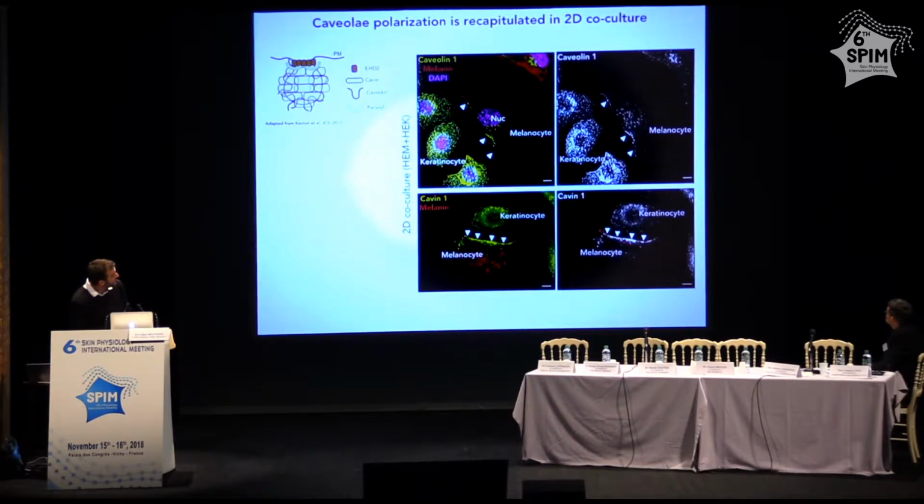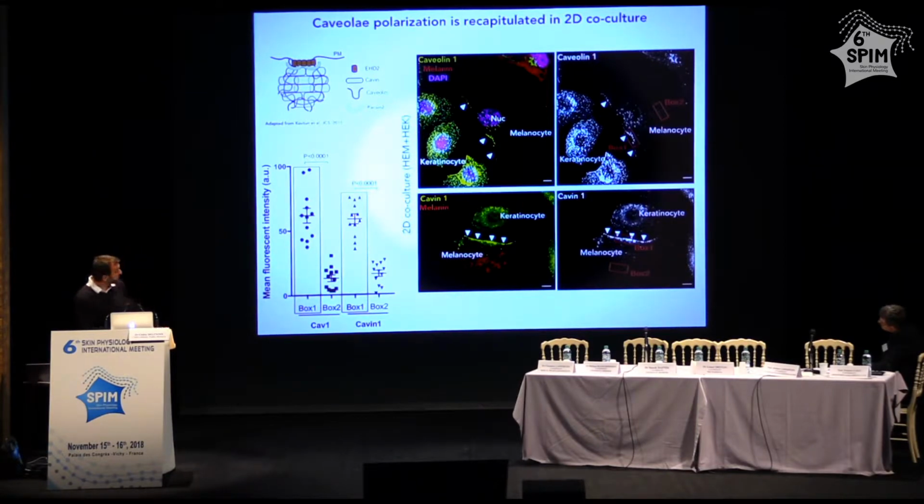And what you see is this linear pattern at the plasma membrane of the melanocyte that is facing the keratinocyte, somehow recapitulating what we have observed in tissue. We can quantify this, and indeed, we have much more enrichment of caveolae number at this plasma membrane of the melanocyte that is facing the keratinocyte.